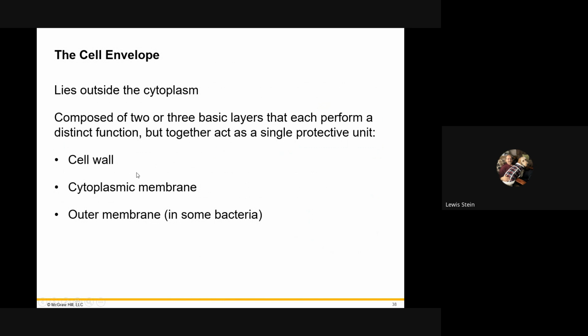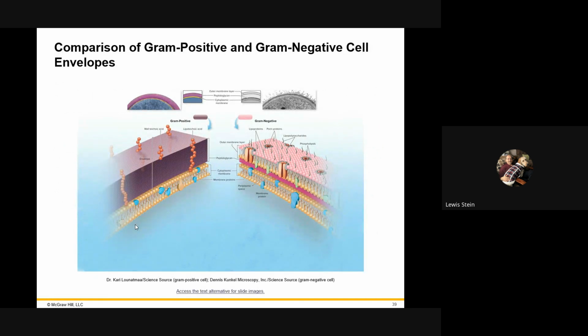They include the wall, the cell or cytoplasmic membrane, like all living things have. And they have, particularly in gram-negative bacteria, an outer membrane that's very interesting. This is the hard part that we're getting to. We'll do it on Monday, but I'll give you a little introduction. This is the complexity.